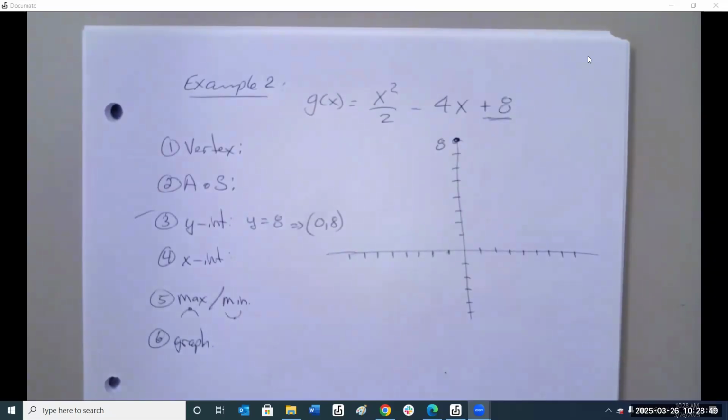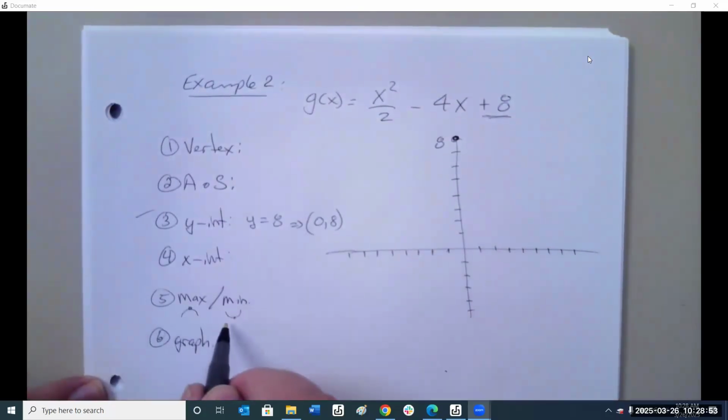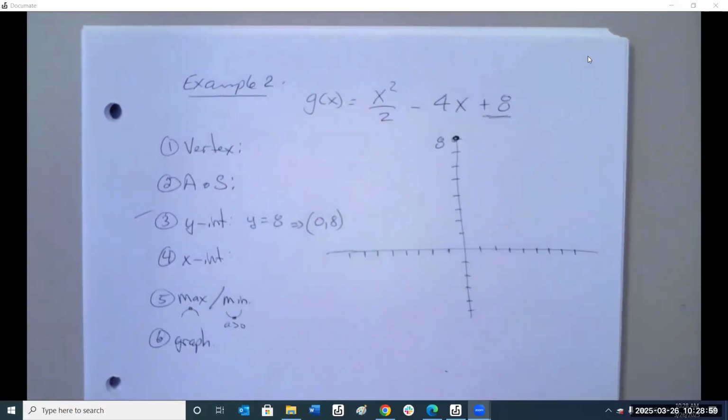The leading coefficient. Is it positive or negative? It's positive. If it's positive, it opens up. If it opens up, we have a minimum. If it opens down, then we have a maximum. So we know we have a minimum because it opens up. Very good.